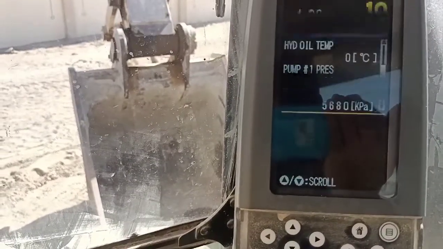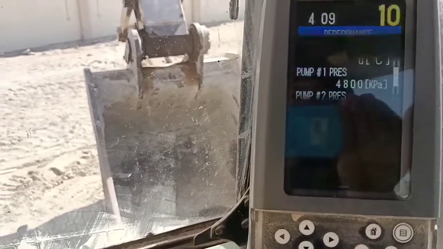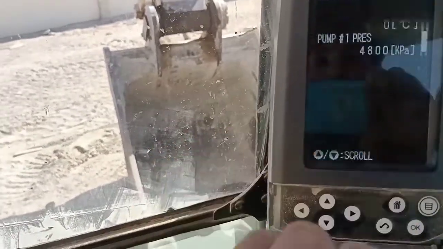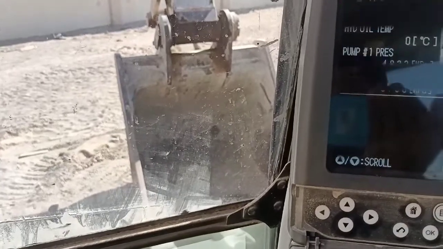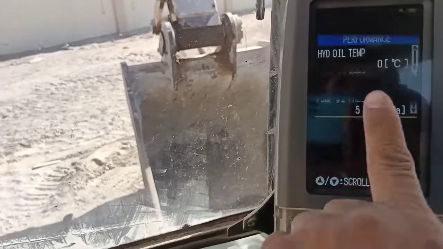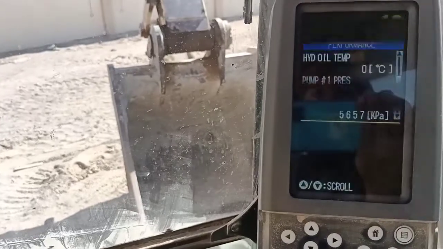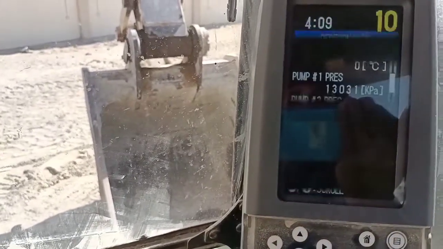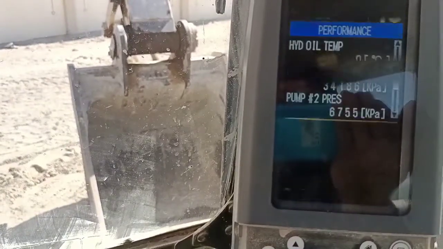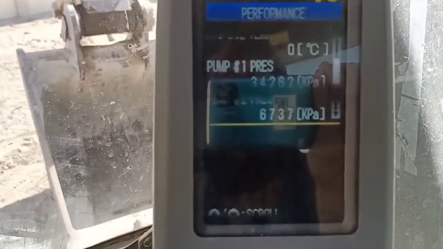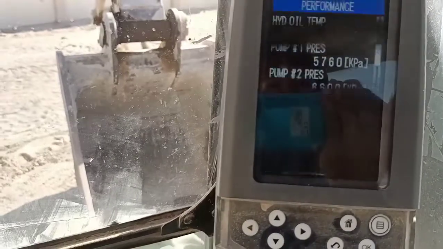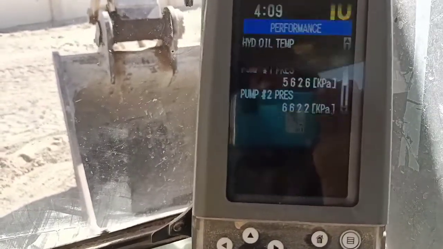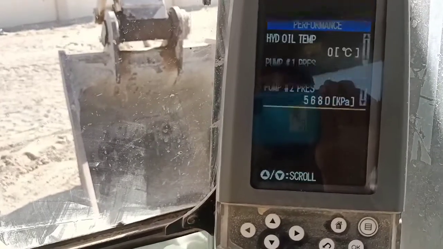That's also how you can test the hydraulic pumps, there are two pumps, 1 and 2. That's how to test if both pumps have normal pressure. You can see the pressure is reaching around 34,000 kPa. That means the pump is good, with good pressure.